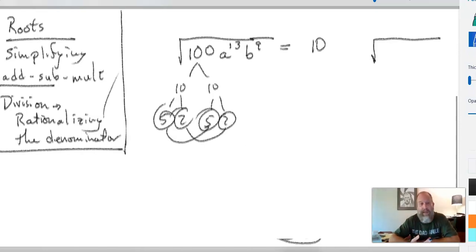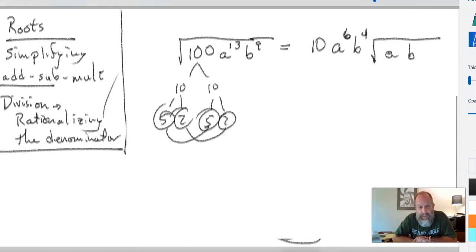Now we have the variables to take care of. We've handled the numbers. The square root of a to the 13th: 2 goes into 13 6 times, so there's an a to the 6th on the outside, and I have 1 left over, so I have an a left over inside. b to the 9th: 2 goes into 9 4 times, so this is b to the fourth, and I have one of these b's left over.